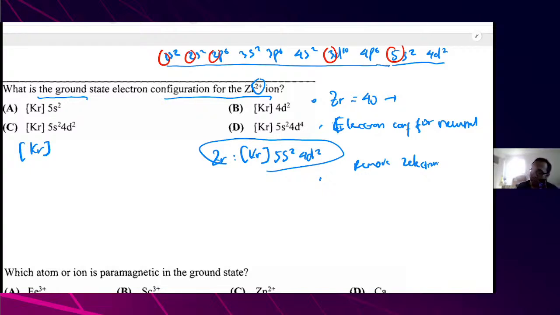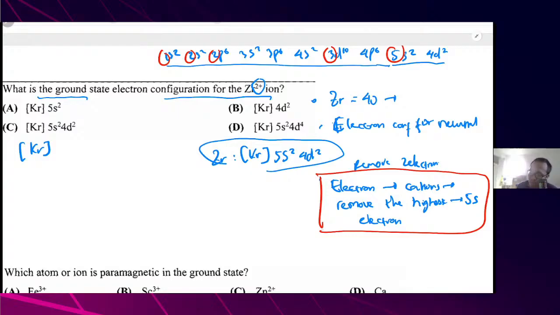For cations, we need to remove electrons from the highest energy level, which is 5, so it should be the 5s electrons, which means 5s electrons are removed before 4d. When we understand this concept, we are going to get the correct answer.